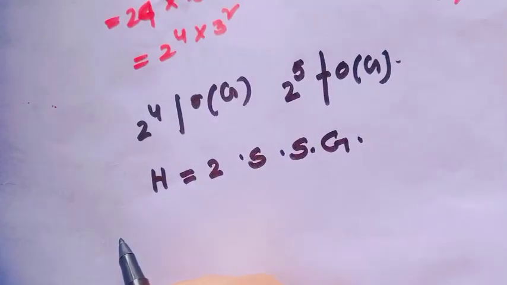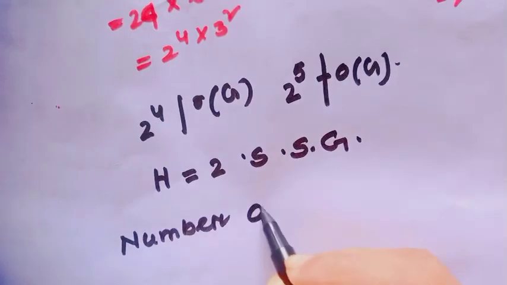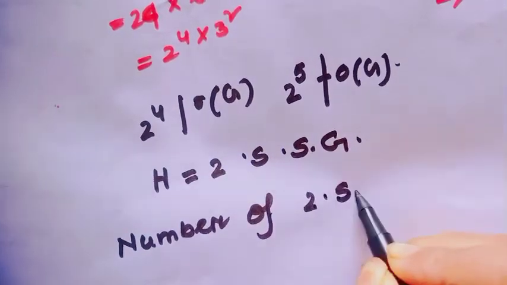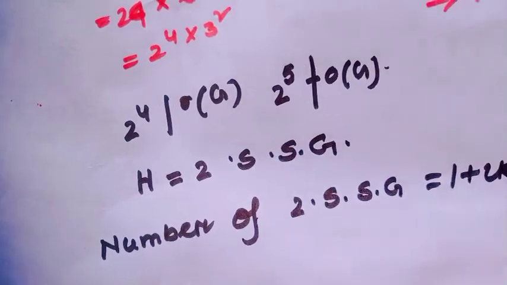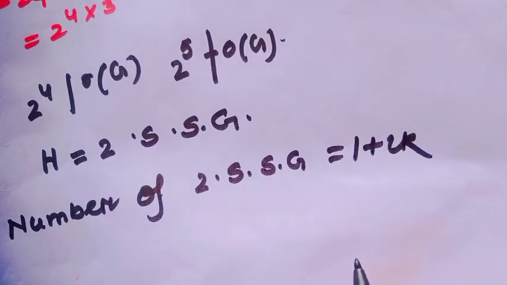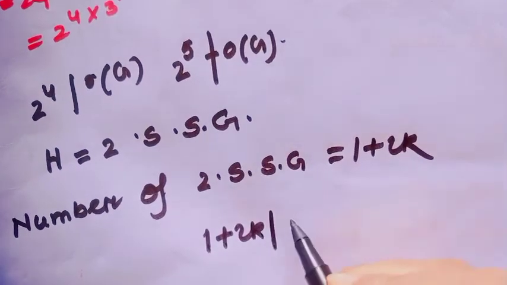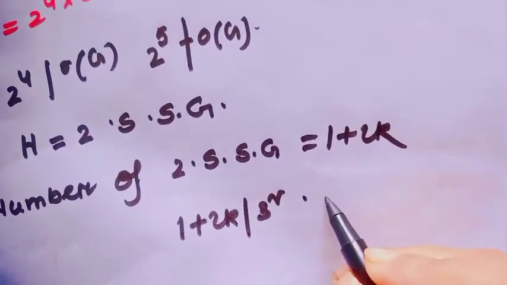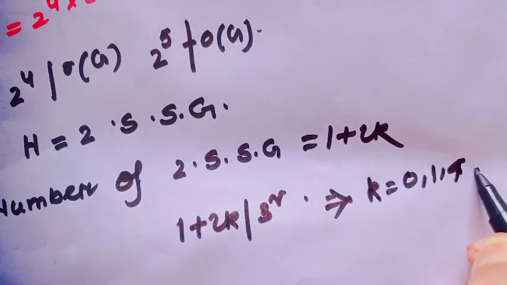We all know by Sylow's theorem the number of 2 Sylow subgroups is 1 plus 2k, and 1 plus 2k should divide the order of the group G. So 1 plus 2k should divide 3 square, and this is possible for k equal to 0, 1, 4.